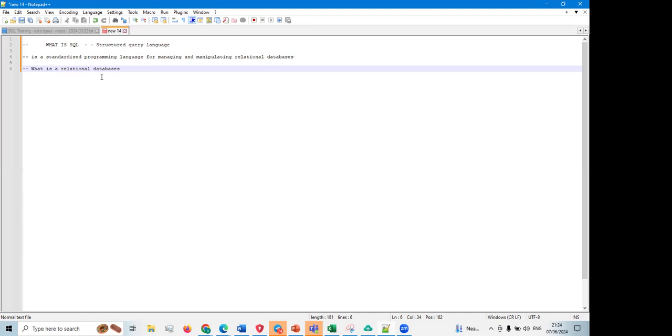Now, if we say there is something called a relational database, then there should be the opposite, right? There should also be databases that are not relational. So we will have a brief look at that also.